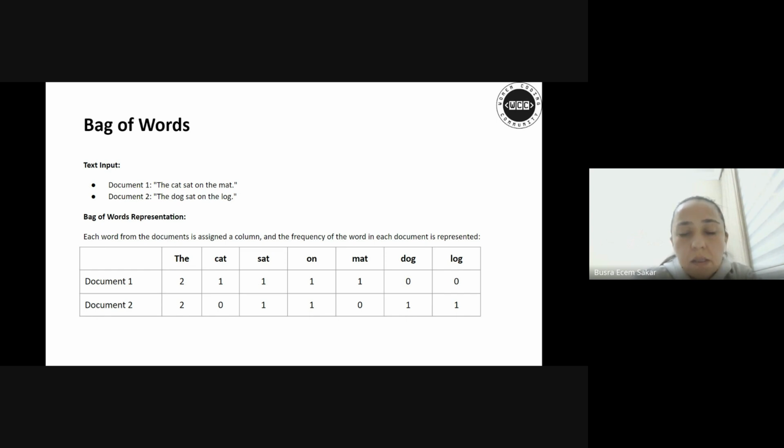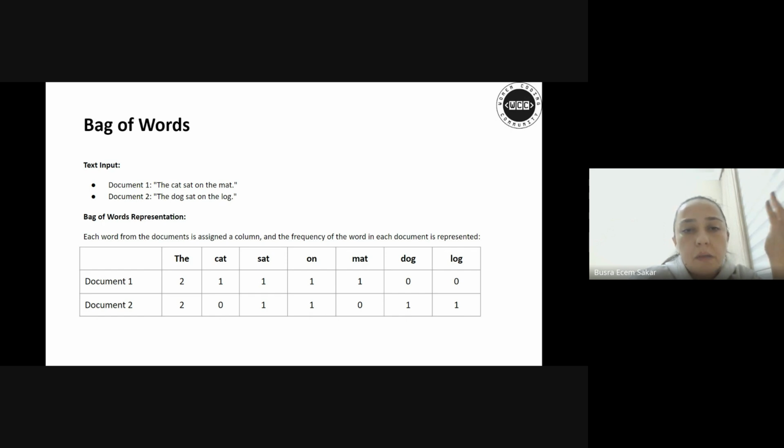For example, in document 1, we have "the cat sat on the mat," and in document 2, "the dog sat on the log." After applying this model, we create a table where each unique word from both documents is assigned a column. For each document, we count how often each word appears.